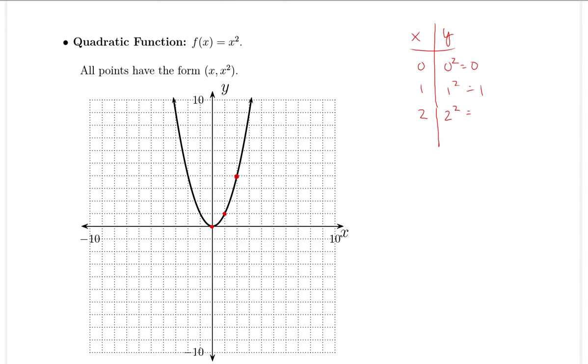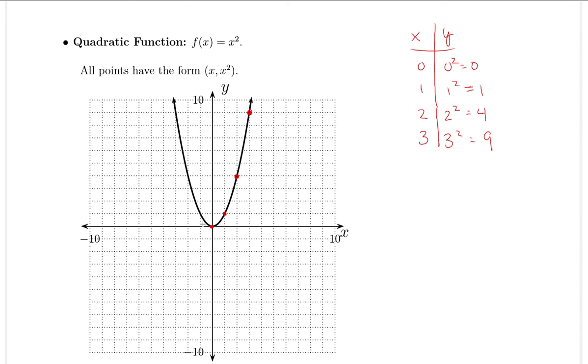Because 2 squared is equal to 4. And then 3 squared is, of course, 9. All right, so I want you to be able to spit those 4 ordered pairs out immediately when I say, sketch for me y equals x squared.